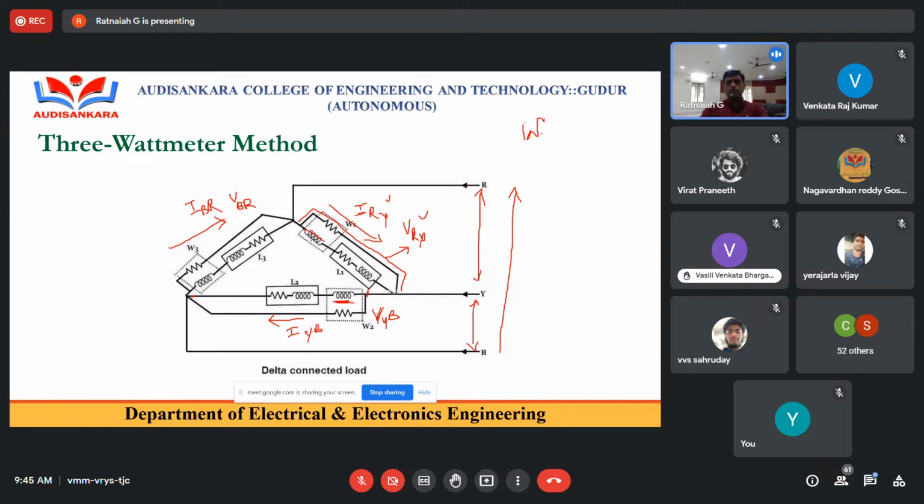The first wattmeter reading W1 is equal to the voltage of the wattmeter, VRY, times the current through that wattmeter, IRY, times the power factor, the cosine of the angle between these two, which I take as phi. Similarly, what is the next wattmeter reading?